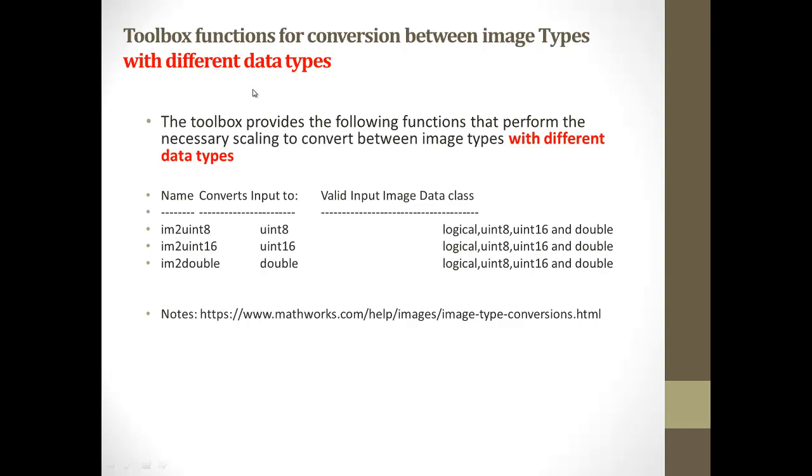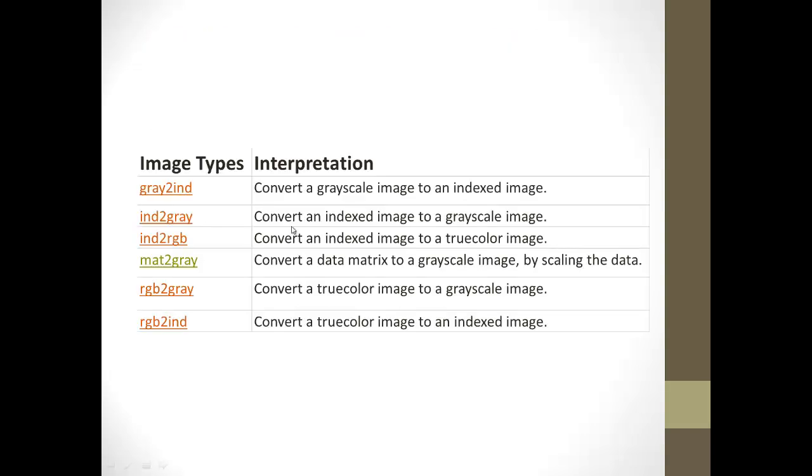How to convert the image from one type to another type? MATLAB Toolbox provides several functions to do that. For example, if it's not an unsigned 8 bits image and you want to convert it to an unsigned 8 bits image, we can use this function.